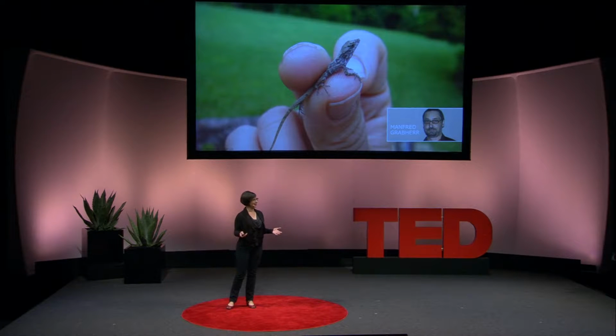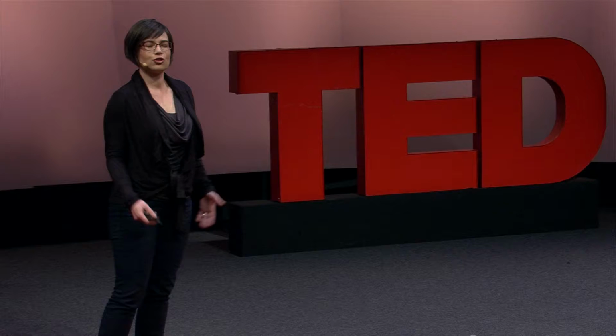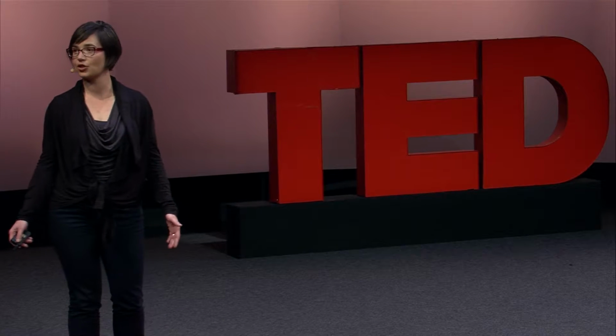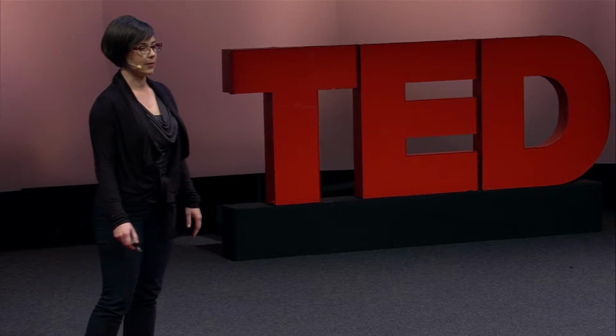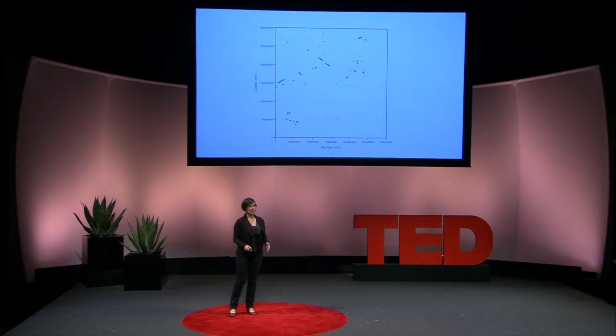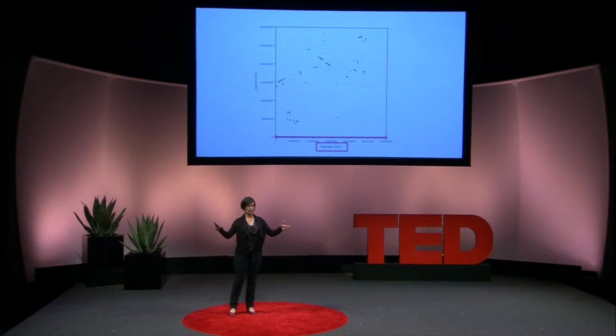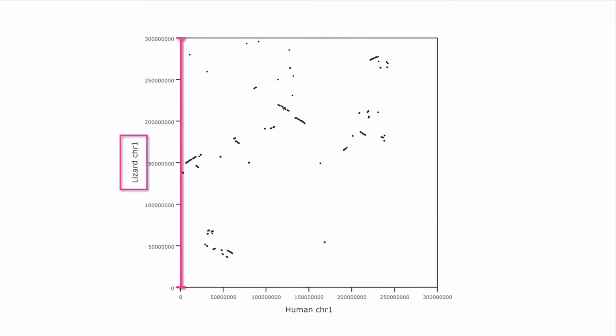Now, when Manfred and I started working together, he was struggling to make sense of his computational results using off-the-shelf visualization tools like this one. In this plot, we're looking at one human chromosome against one chromosome from that of the lizard. Each one of those dots inside of the plot indicates a location of sequence similarity in these two chromosomes.